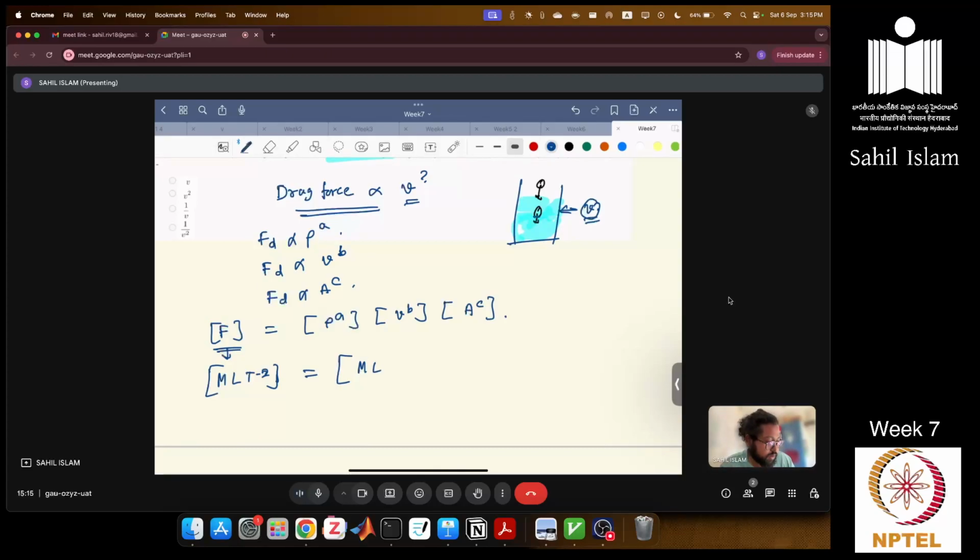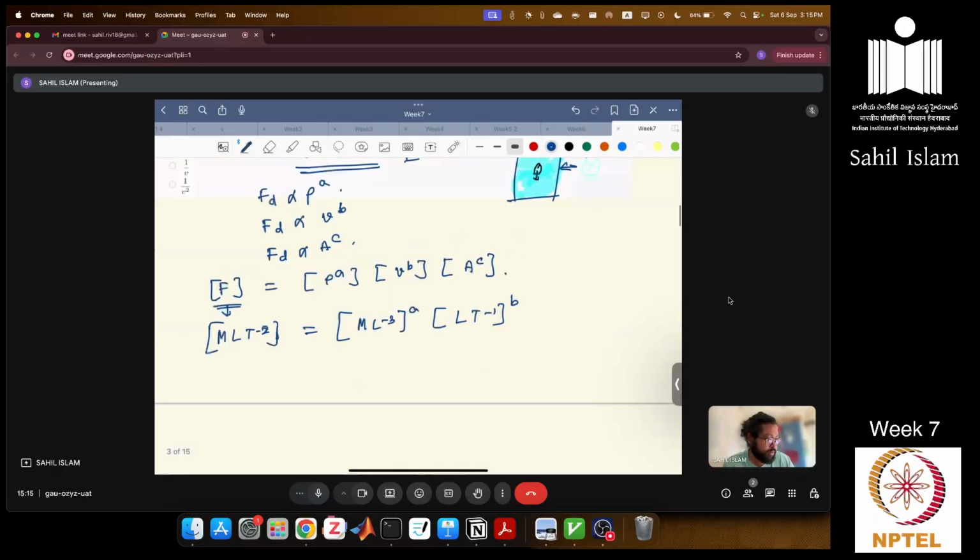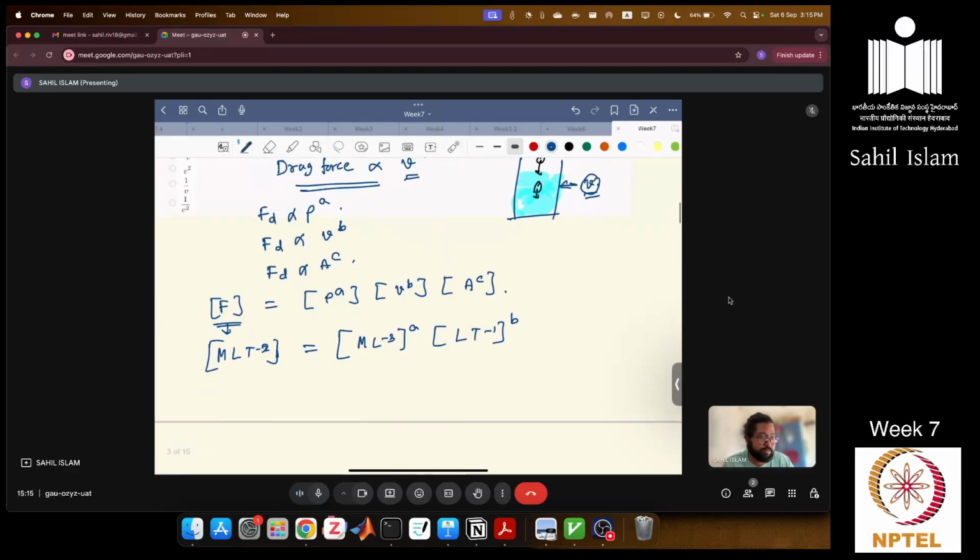Mass per volume, this whole thing to the power a. The dimension of velocity is L T to the power minus 1, so this whole thing to the power b. And area is L squared, to the power c.